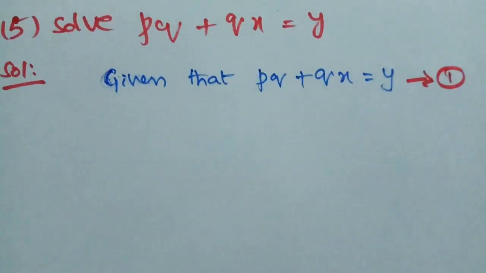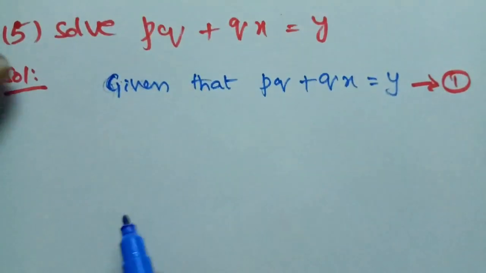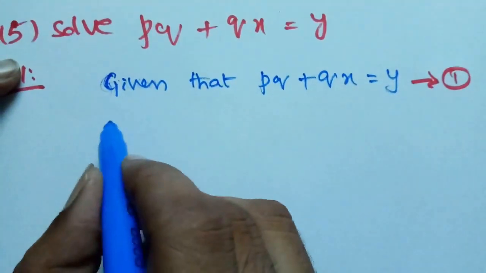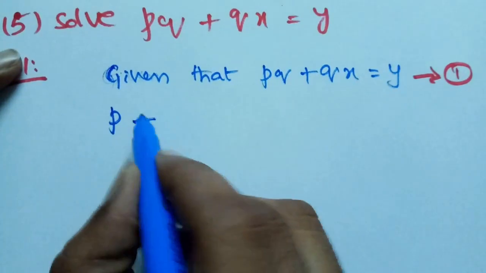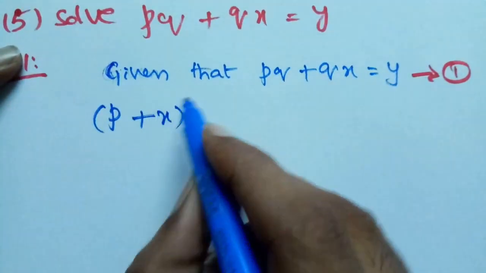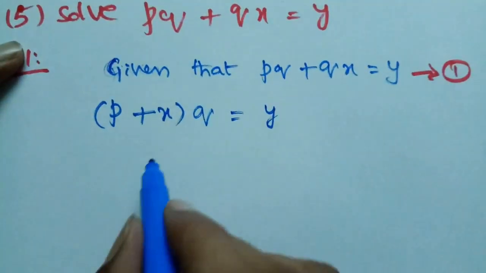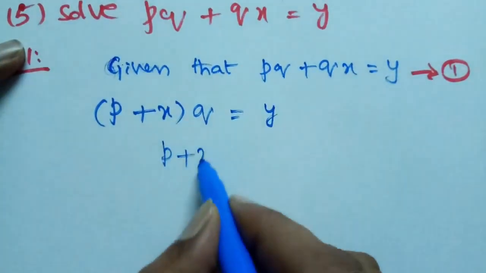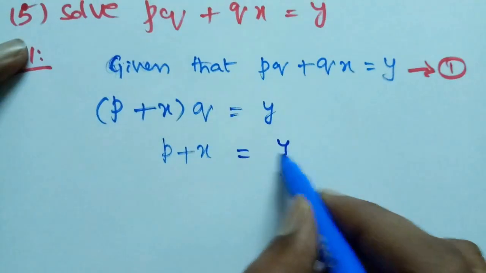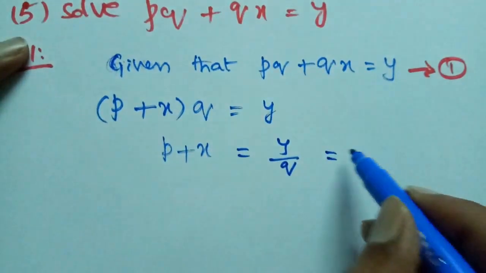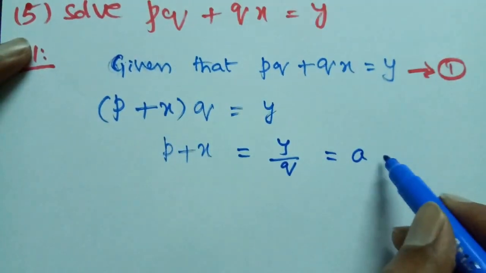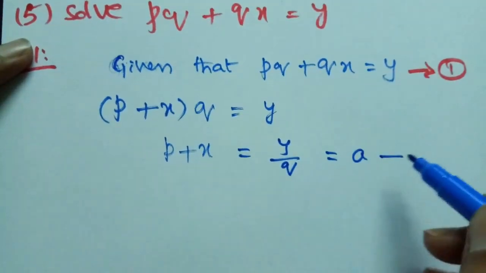This can be written as P plus X into Q, Q is a common factor, equal to Y. Again this can be written as P plus X is equal to Y by Q. Say this is equal to some arbitrary constant.